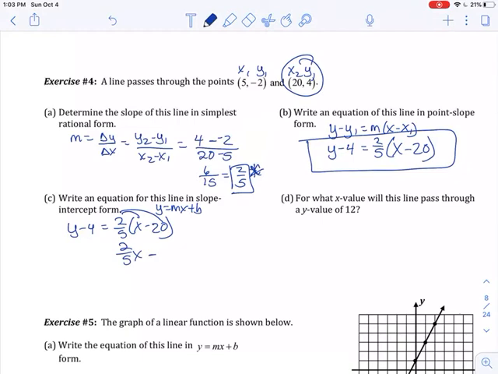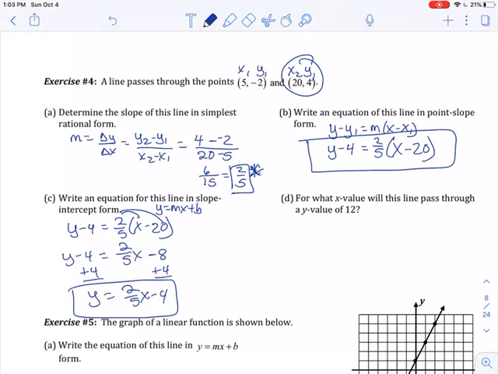Now 2/5 times negative 20 is going to be, let's see, 5 goes into 20 4 times. 2 times 4 is going to be negative 8. Okay, you can do that in a calculator if you need to. And then I'm adding 4. So I get y equals 2/5 x minus 4. Done.